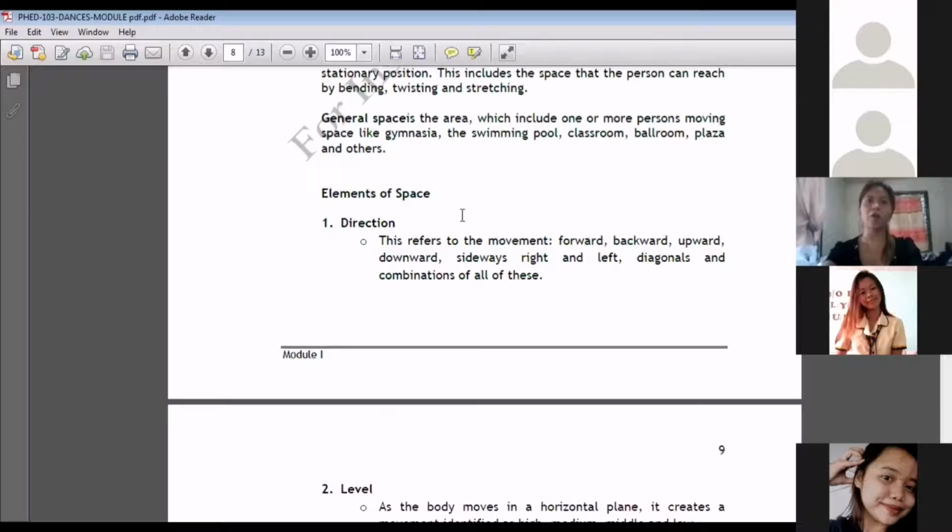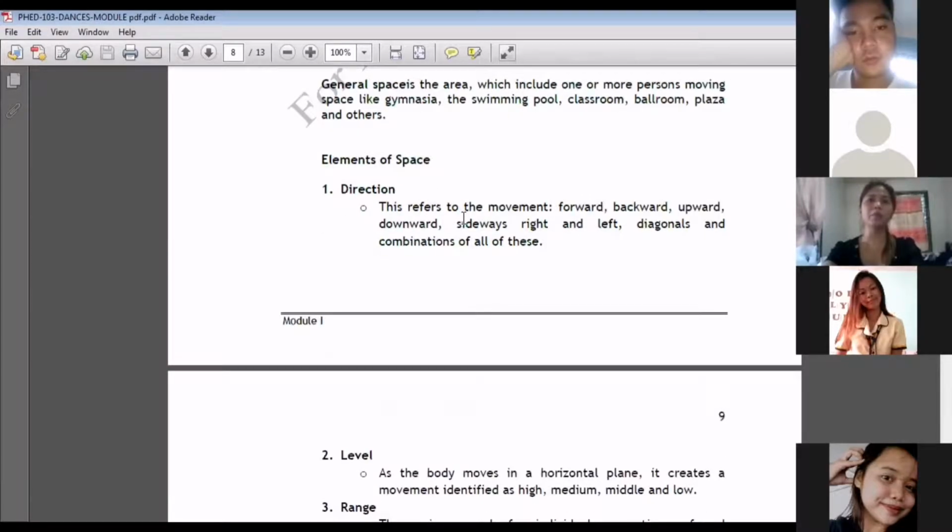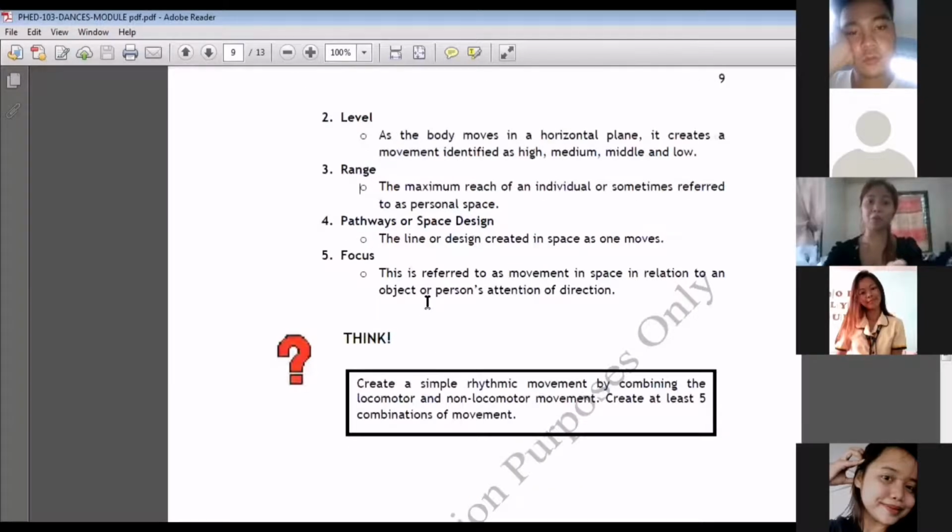Yes, ma'am. If the movement requires you to do a forward and backward alternate steps with your right and left, na forward and then backward, that is your pathway or space design.